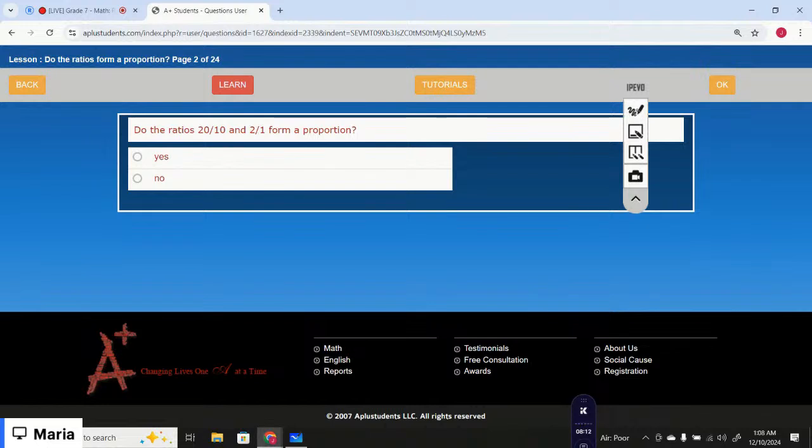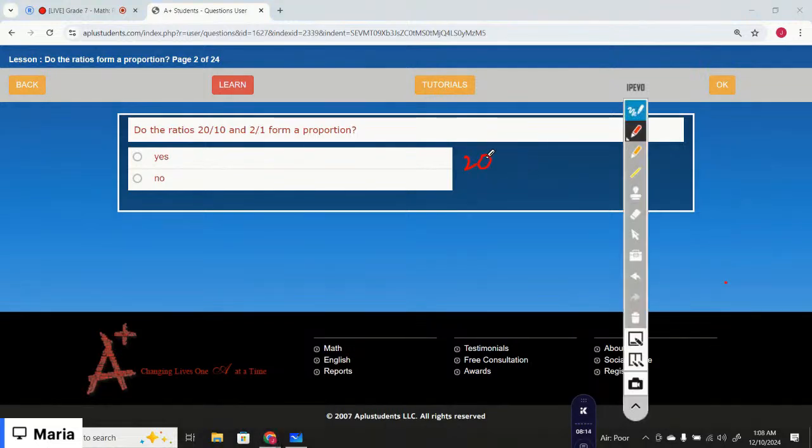20 by 10 and 2 by 1. You need to multiply this fraction by 10 to make their denominators the same, right? That is 20 over 10, 2 times 10 and 1 times 10, right?